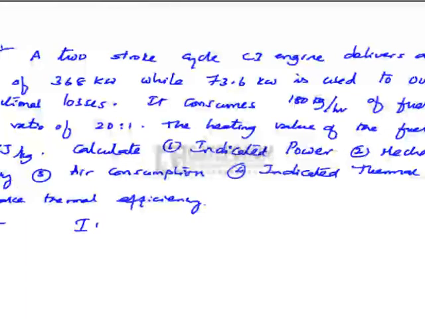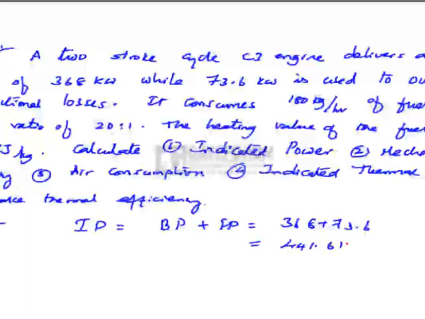Therefore, indicated power is given as brake power plus frictional power, which comes to 368 plus 73.6, which is equal to 441.6 kilowatts. This is the indicated power of the engine.